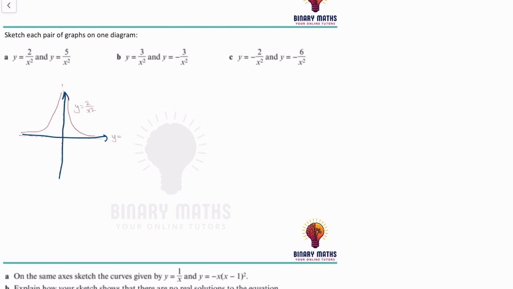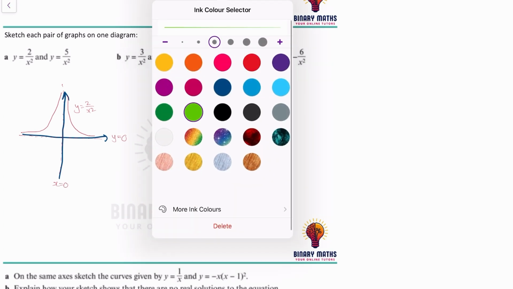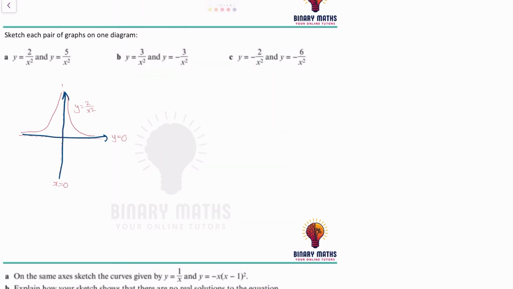This is y equals 0, x equals 0. 5 over x squared would be similar but a bit further away from the axis. So if I were to draw it, it's still the same but a bit further out, getting closer and closer to 0. So x equals 0 and y equals 0. Y is equal to 5 over x squared.